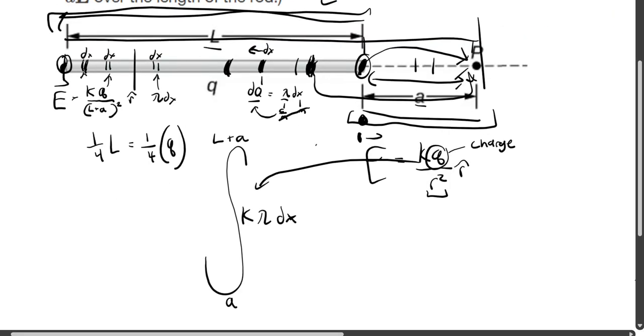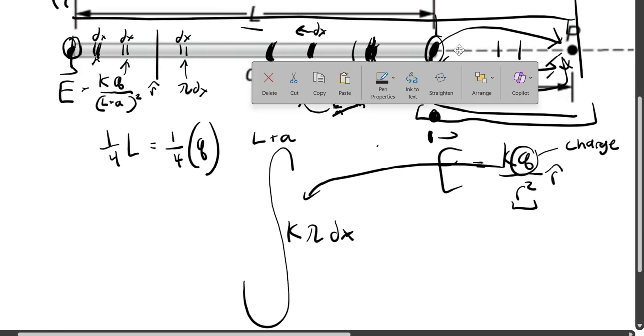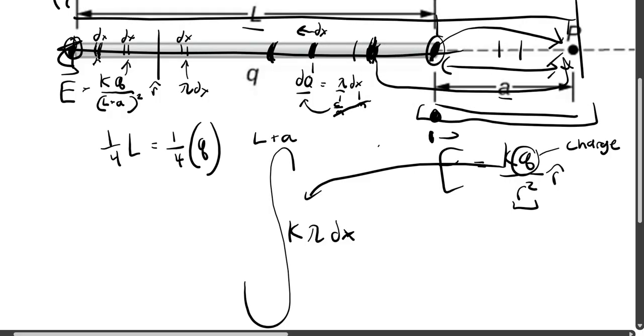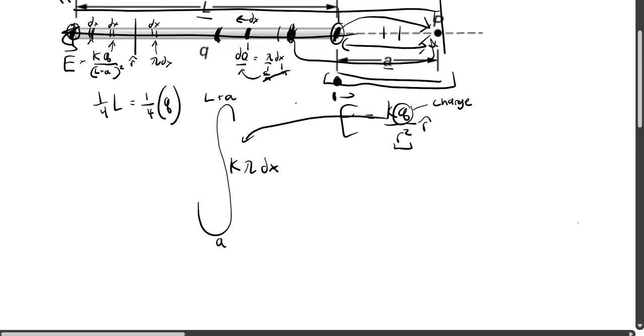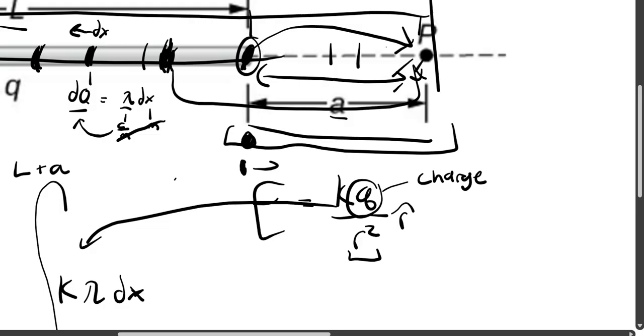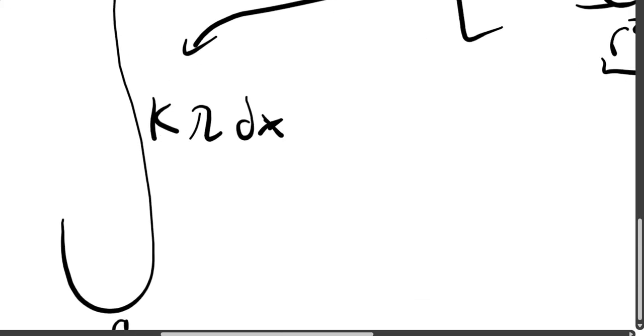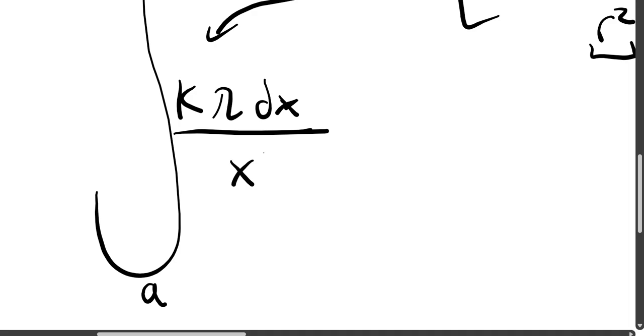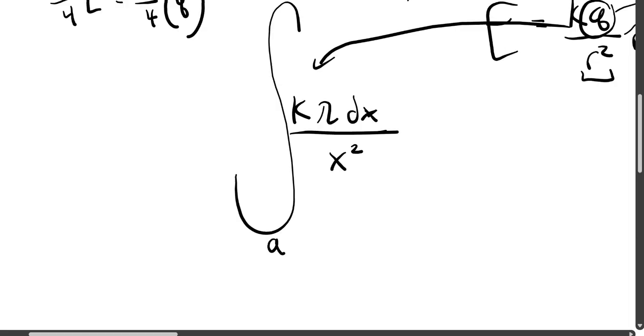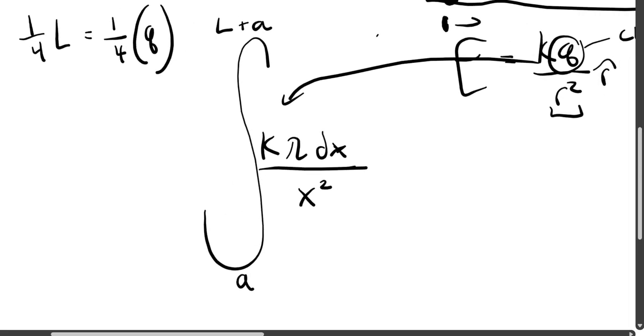So really, you could say we're integrating through the x, and in this case, the denominator is going to be the horizontal distance from P to every sliver, which is x squared. And you're thinking, where'd the r go? This is r.